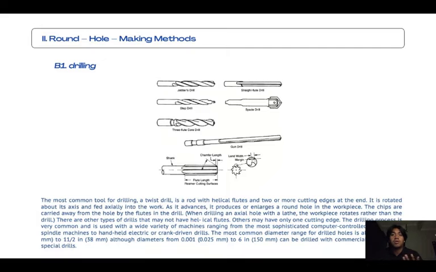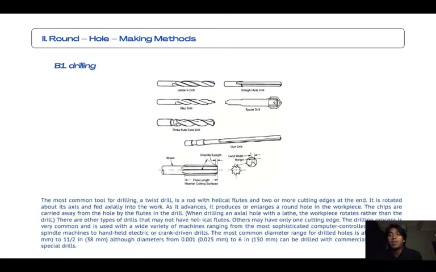So the chips are carried away from the hole by flutes in the drill. When drilling an axial hole with a lathe, the workpiece rotates rather than the drill. There are other types of drills that may not have helical flutes.